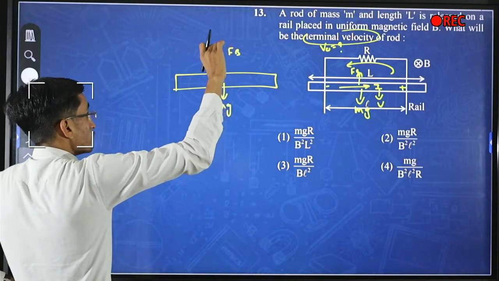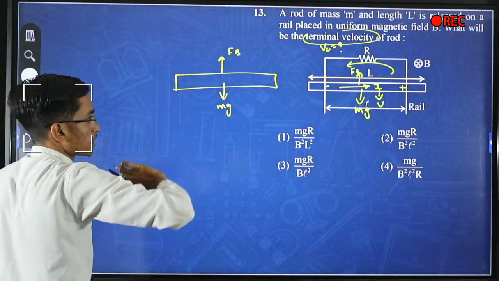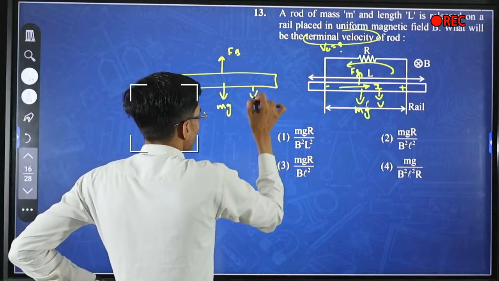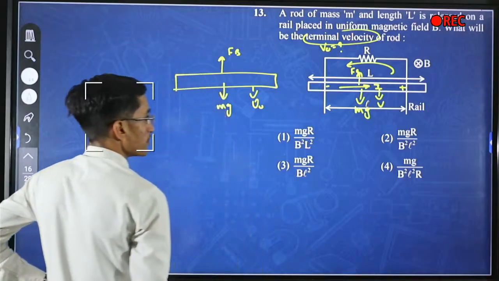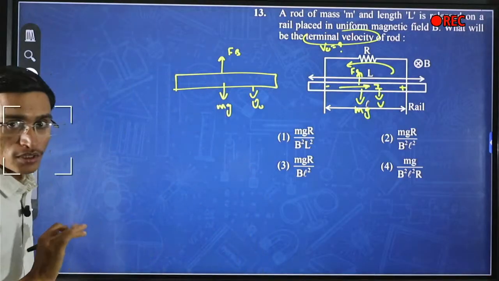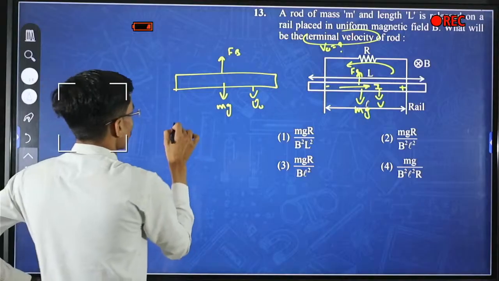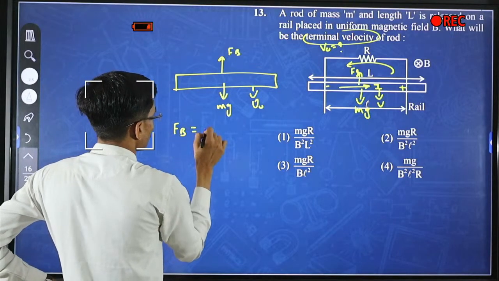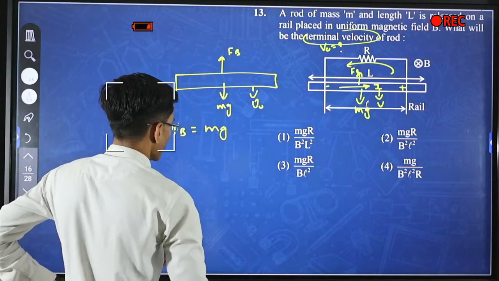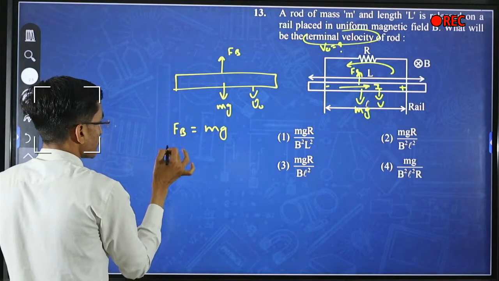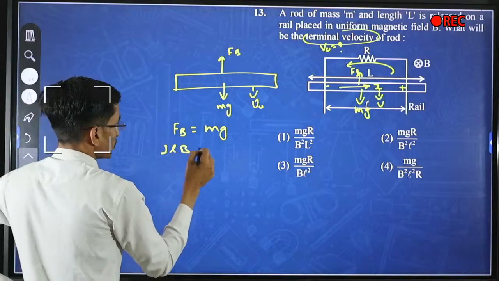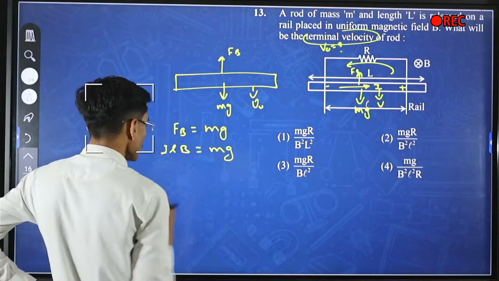When these both forces are equal, this rod achieves terminal velocity and the acceleration of the rod will be 0. So the magnetic force Fb is equal to mg, and the magnetic force can be written as ILB is equal to mg.